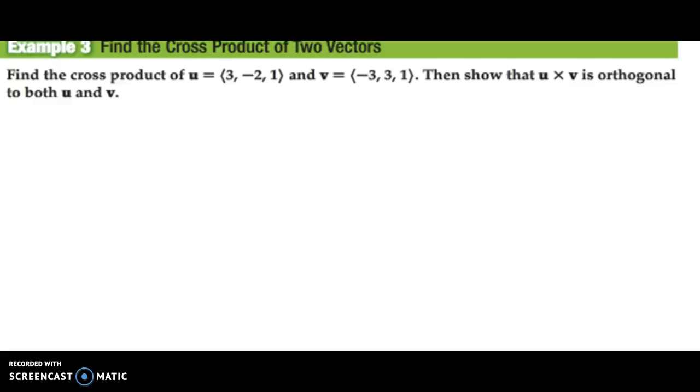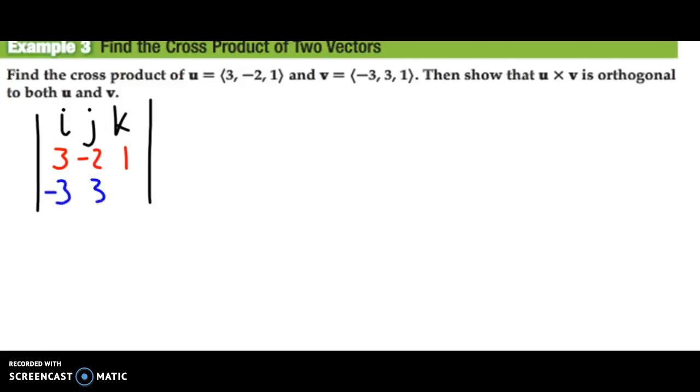Find the cross product between two vectors. So first I need to create my matrix. I have the i, j, and k components for my two vectors. So for u it's 3, negative 2, 1, and for v it's negative 3, 3, 1. So first, let's make my i vector.